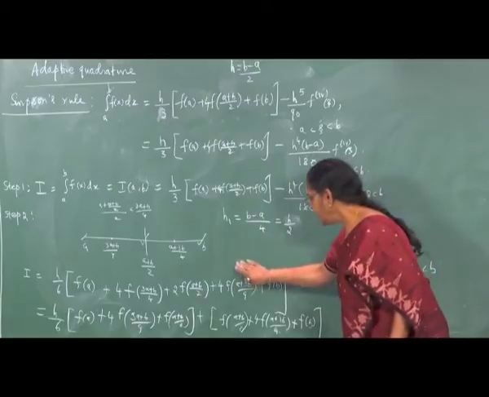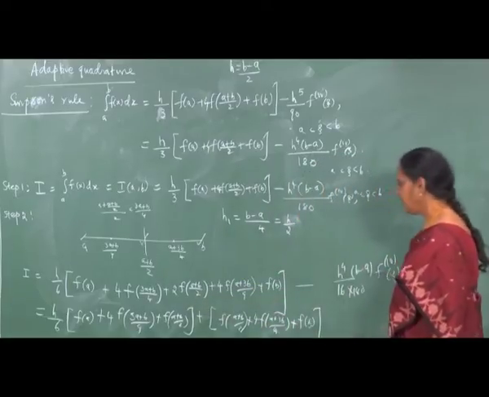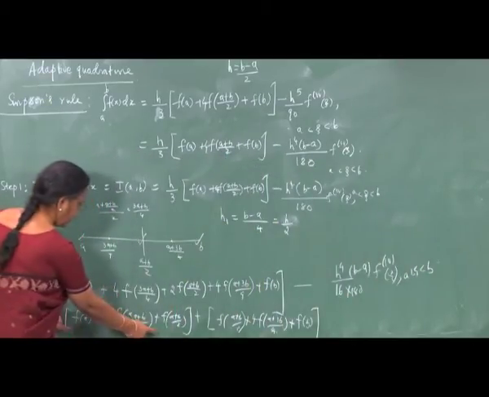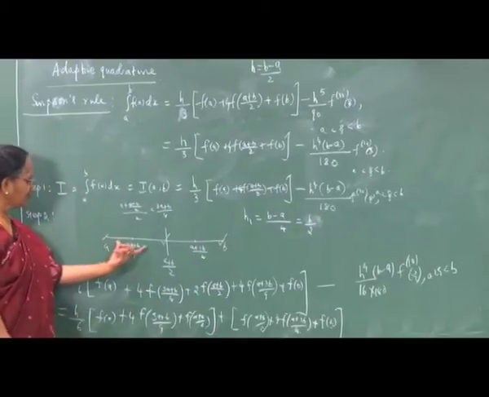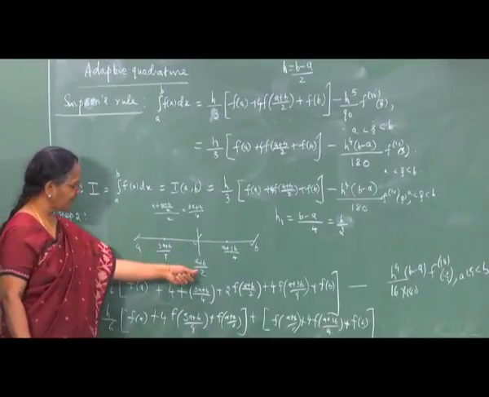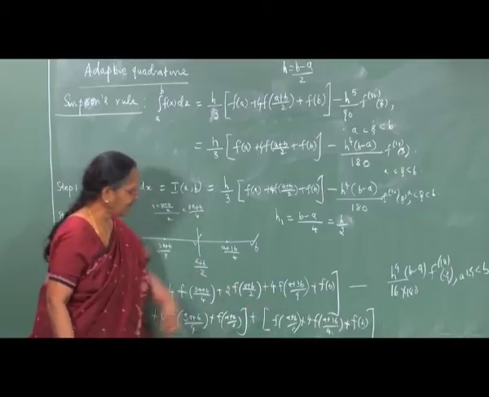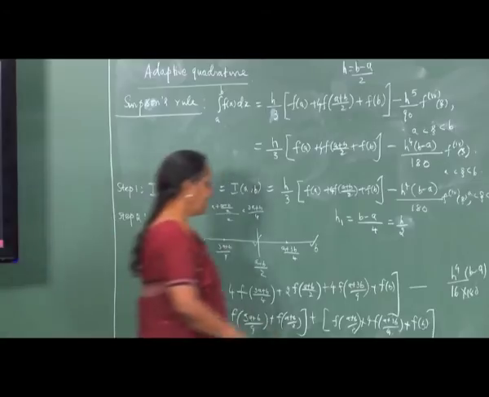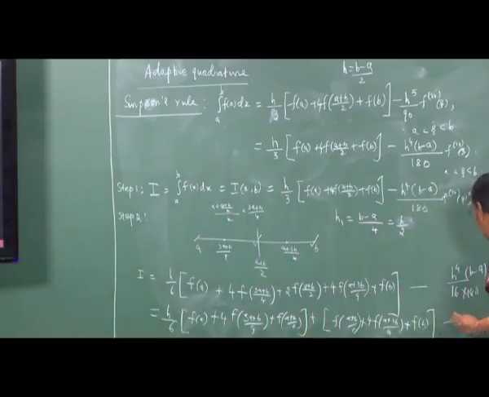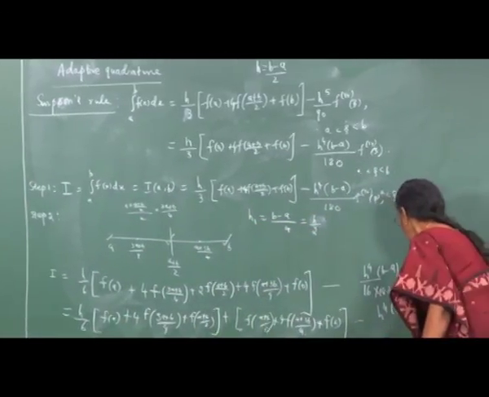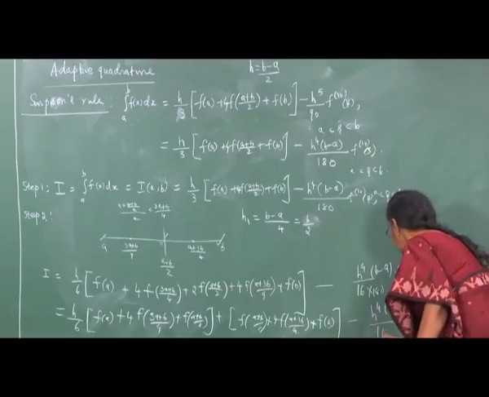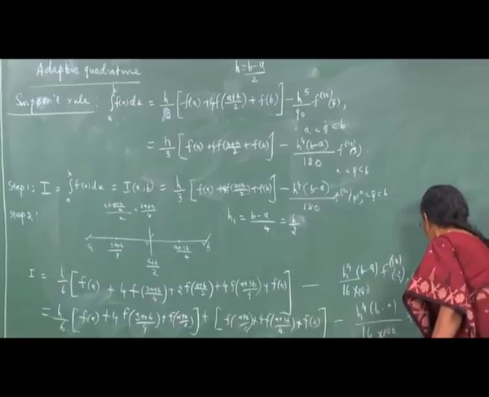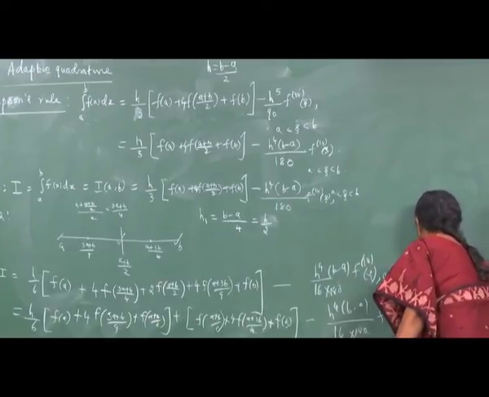Now I write this in 2 parts, and I see that the first term corresponds to Simpson's rule in the interval a to (a plus b) by 2, and the second term gives me Simpson's rule in (a plus b) by 2 to b, and the error incurred is minus h power 4 into (b minus a) by 16 into 180 into the fourth derivative at psi for a less than psi less than b.